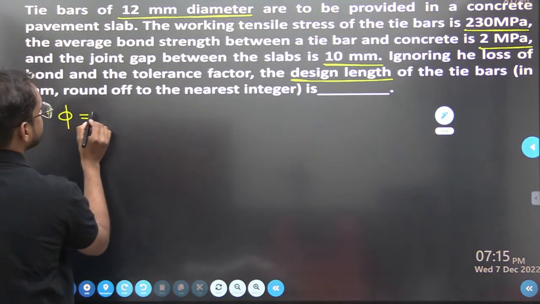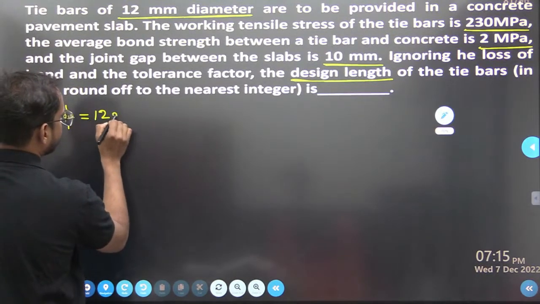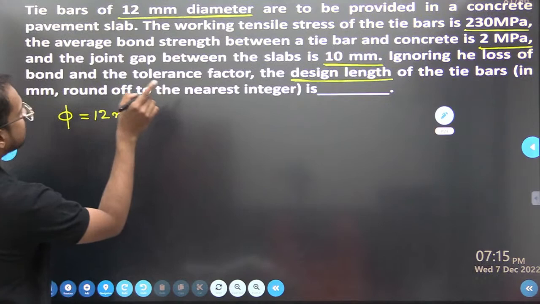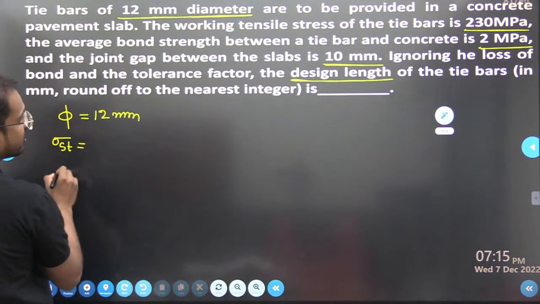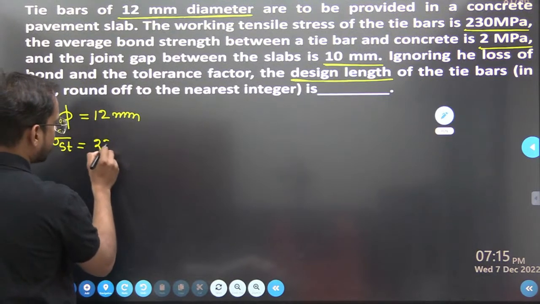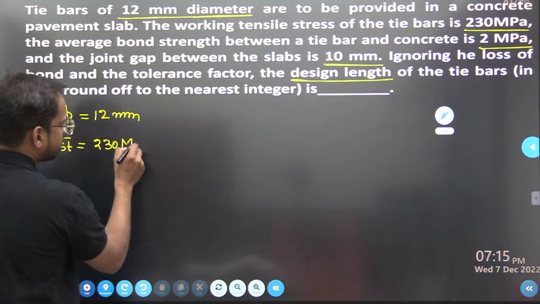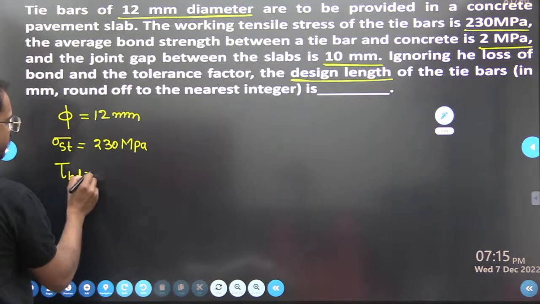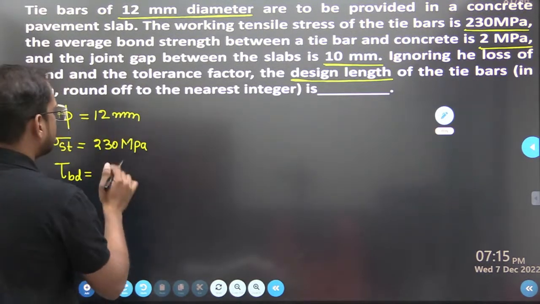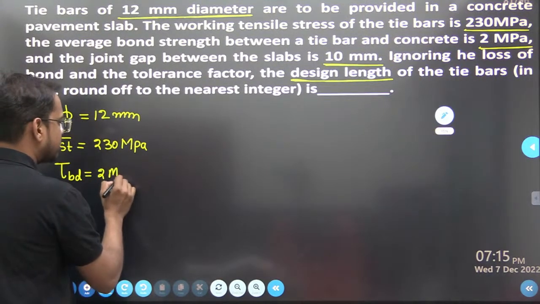Diameter of bar, that means phi, is equal to 12 mm. Similarly, sigma st is already given. Tensile strength of steel is already given. Sigma st, that means 230 megapascal. Bond stress between concrete and steel, that means tau bd, is also given in the question, and the value of tau bd is how much? The value of tau bd is 2 megapascal, given.